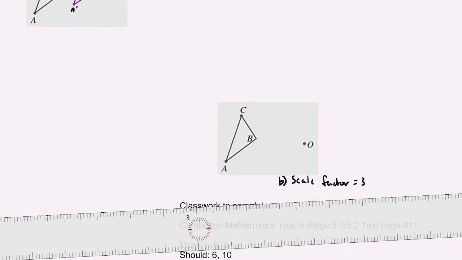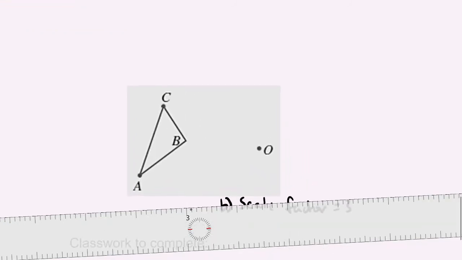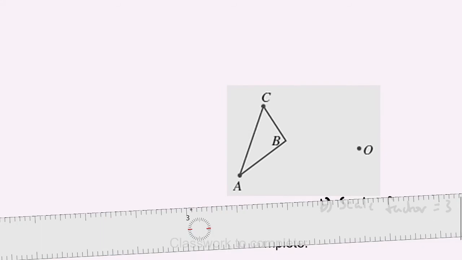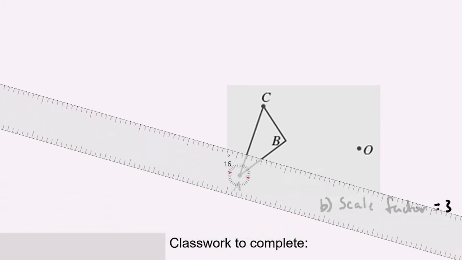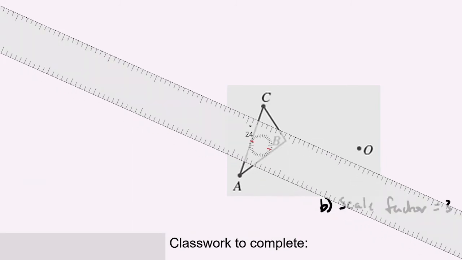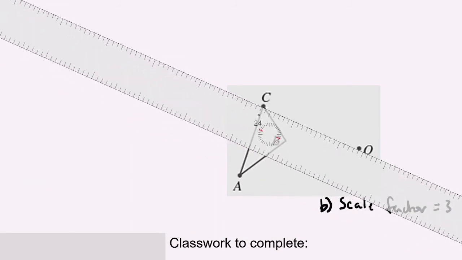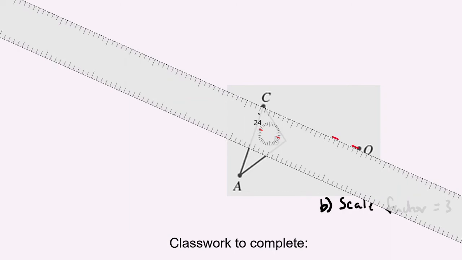Our next one there is scale factor of 3. So this time I actually want to go bigger, so I need to come out this way. And I might use my trusty red pen again. And let's put those lines in so we can see them a little bit better. So I'm going to go this way, and I want a red line. I'm just going to use that red dotted line. I'm just going to go all the way out here, because I don't know how far I need to go yet.